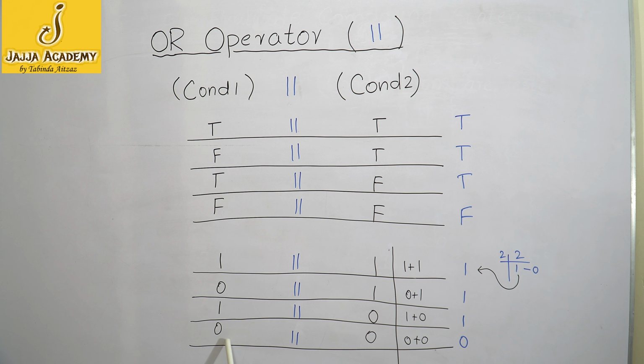And if both conditions are false, meaning condition 1 is 0 and condition 2 is also 0, then 0 plus 0 is equal to 0. So you can memorize the tables in the form of true and false or in the form of 1 and 0. In the AND operator, we multiplied these values, and in the OR operator, we simply add these values.